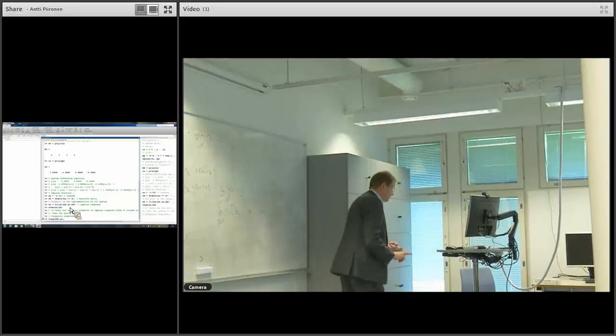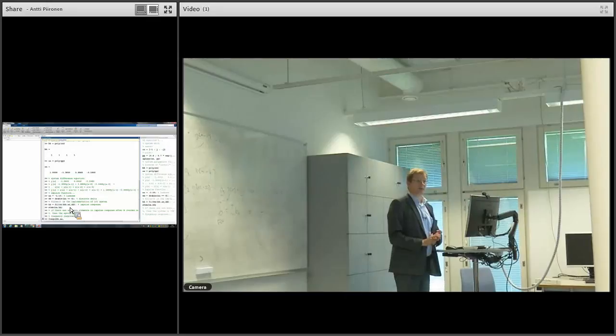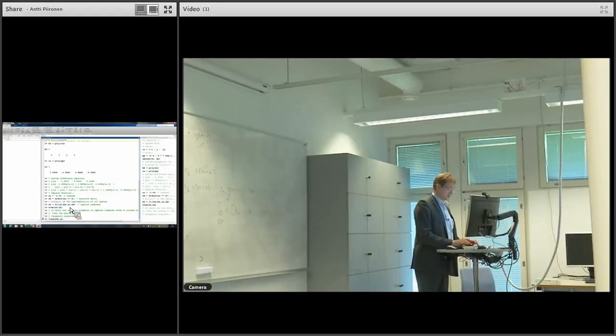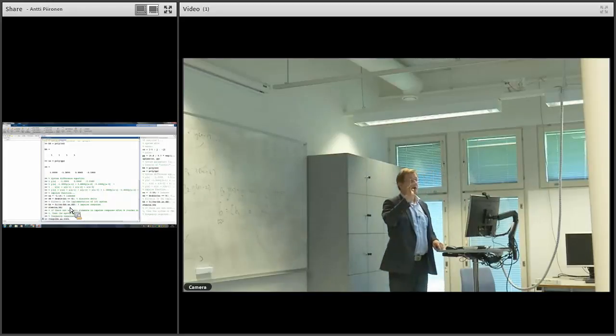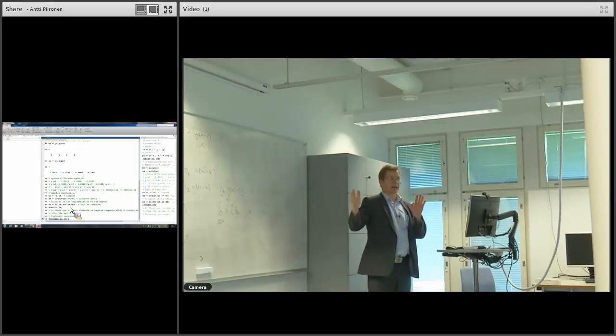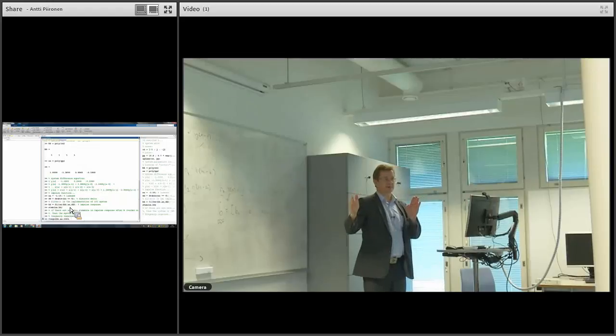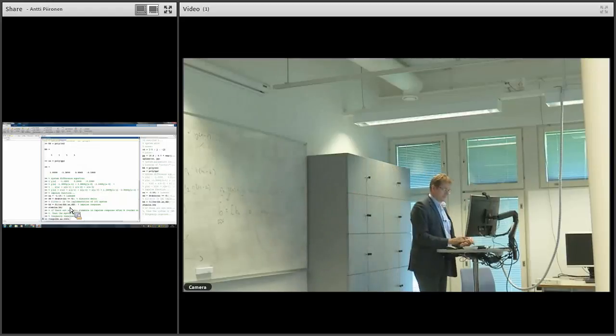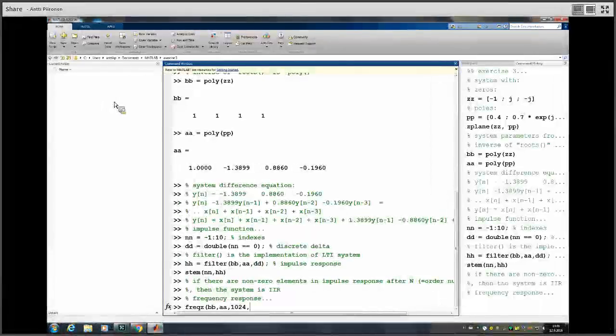Then there's a number of points where you want to evaluate the system. For example, 1024 points. This means how many points it will calculate on the frequency response between 0 and the sampling rate. And then Fs, the sampling rate.